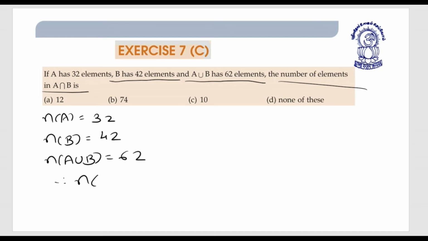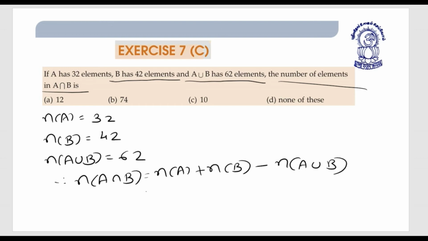We have to find n(A intersect B) = n(A) + n(B) - n(A union B) = 32 + 42 - 62 = 74 - 62 = 12. So option A is the right answer.